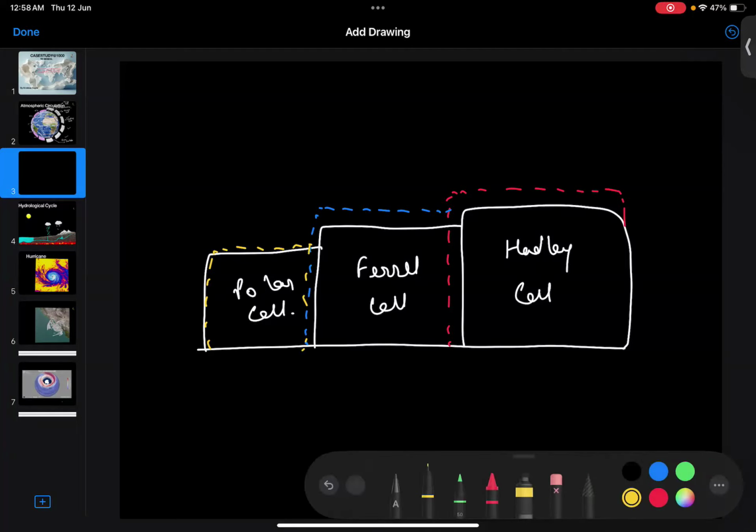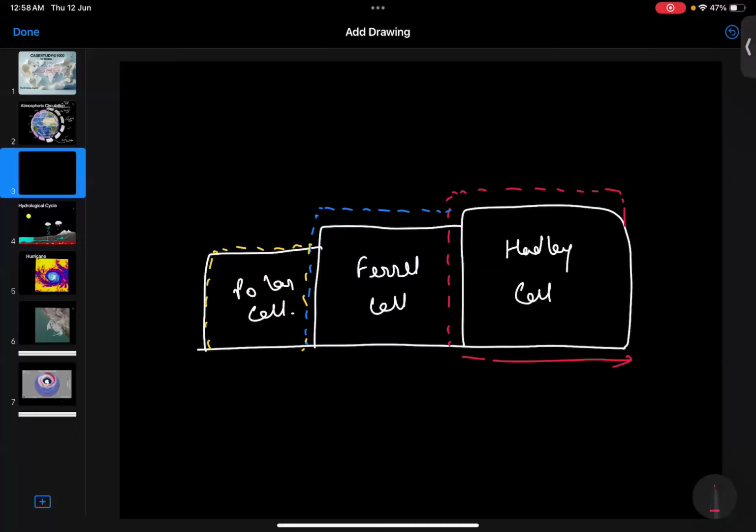So because of this, we are seeing that the overall length of the Hadley cell present here is increasing, while the Ferrel cell is also diminishing, and the polar cell is the one which is highly diminished.